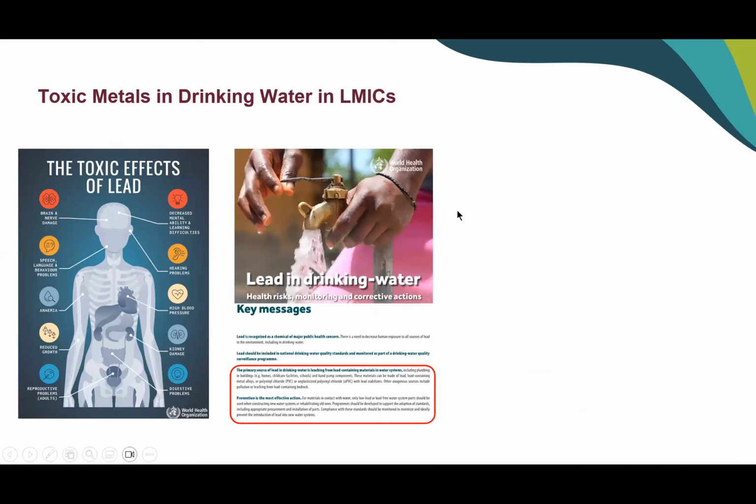We also have great evidence and guidance, which Bruce will talk more about, from WHO and others, telling us that lead in drinking water primarily arises from corrosion of unsuitable drinking water system components that contain higher levels of lead than international standards dictate, and that this is entirely preventable.